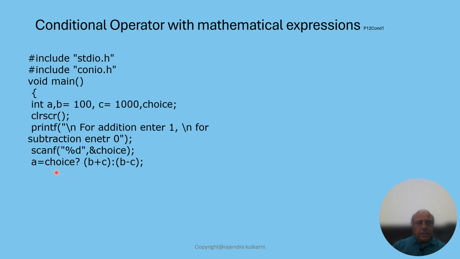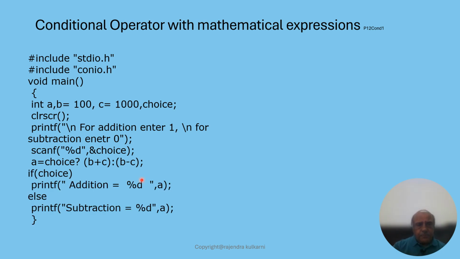If the user enters 1 as his choice, then B plus C will get executed, and the result will be assigned to A. If we enter 0, B minus C will be executed.